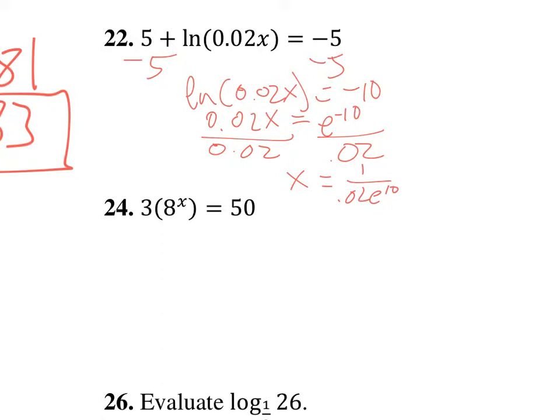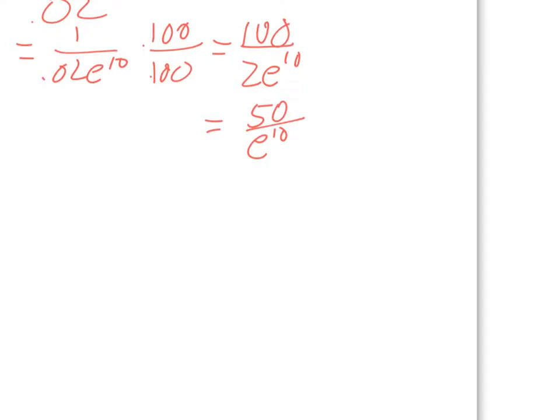Or if you want to make this a little cleaner, you can multiply top and bottom by 100, because I don't like that decimal down there. And we could write it as 100 over 2e to the 10th, which is 50 over e to the 10th. So there's our exact answer. If we want a decimal approximation, we can plug that into our calculator, but we'll leave it there for now.